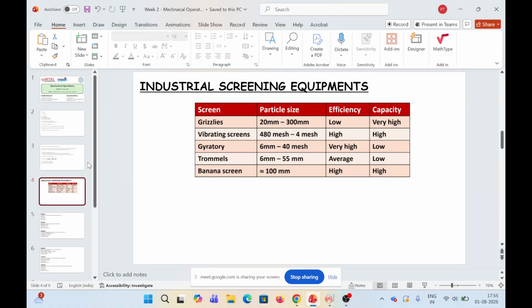So, any questions on effectiveness of screens or the screening equipment? Yes, anyone?